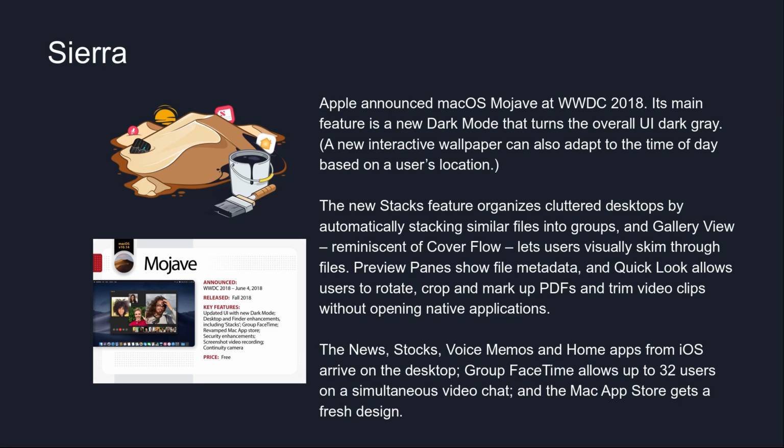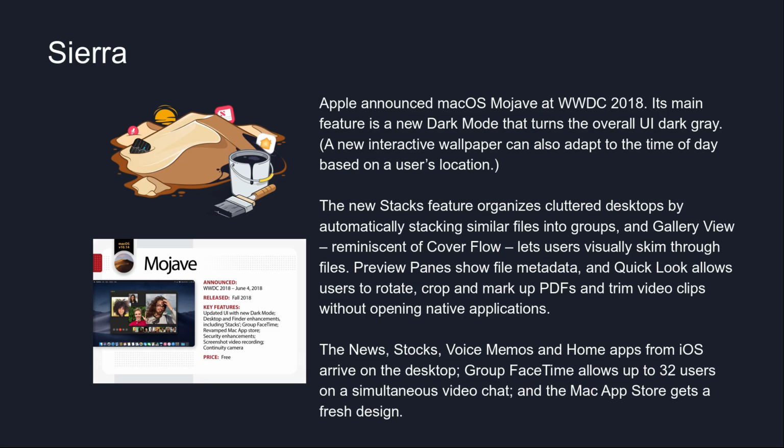Preview panels show metadata, and quick look allowed users to rotate, crop, and mark up PDFs and trim video clips without opening native applications. The news, stock, voice memos, and home apps from iOS arrived on the desktop.